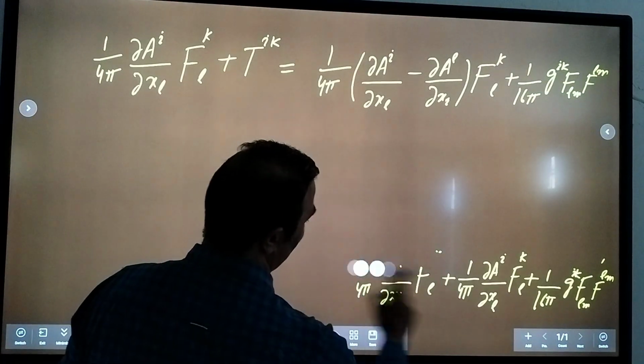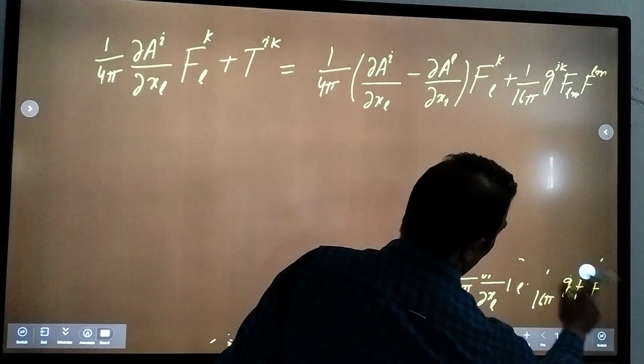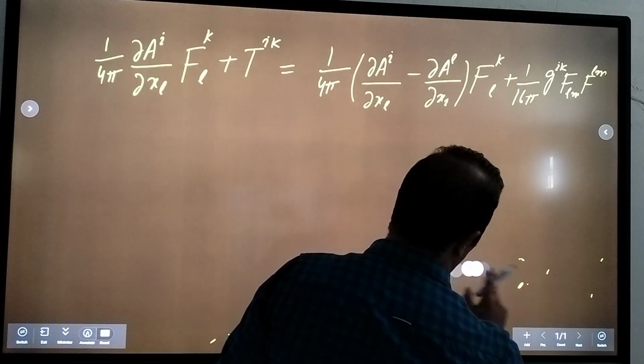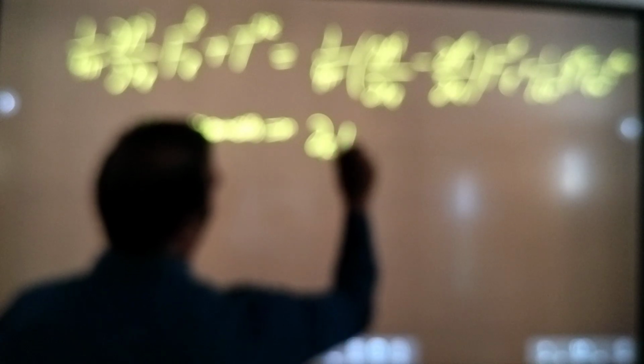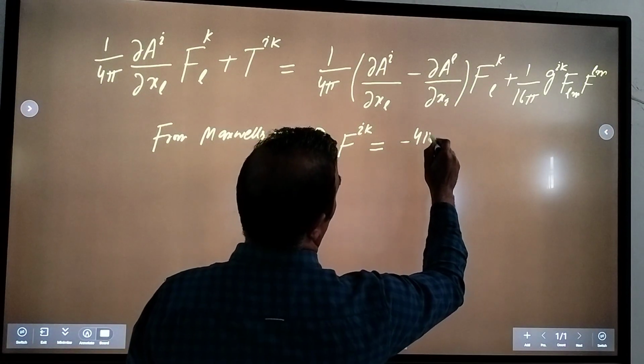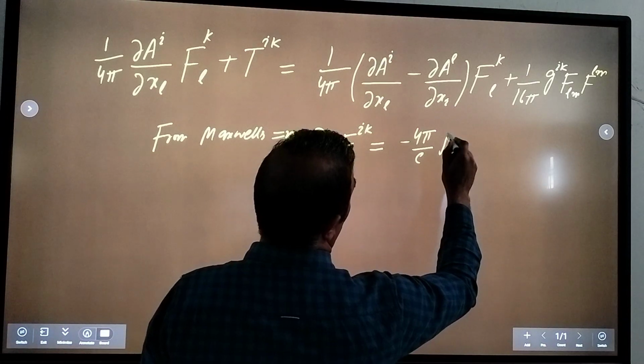So now what will we do? Let us rewrite this term, because we know that from the Maxwell equation, when we write that in the covariant form, from the Maxwell equation we have that partial k f i k equal to j of i, right?